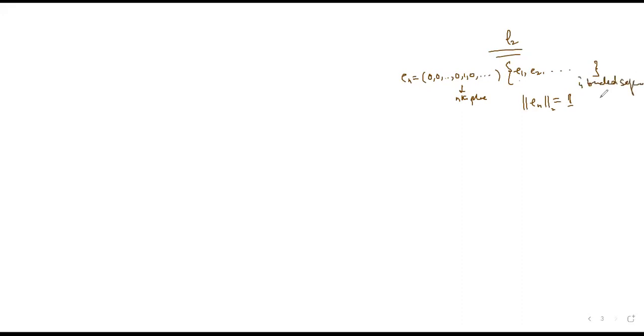But it has no convergent subsequence, because en minus em has norm √2 for all n not equal to m. So it has not even a Cauchy subsequence. Convergence is out of the question, because the distance between any two different elements of this sequence does not get smaller; it is fixed. So in general, the Bolzano-Weierstrass theorem does not hold for normed linear spaces or Hilbert spaces.